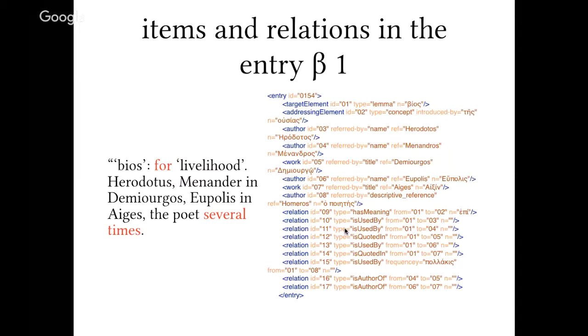The next relations are relations connecting the authors and the target element, and the works and the target element, as used by, quoted in, but also the authors and the works, is author of.